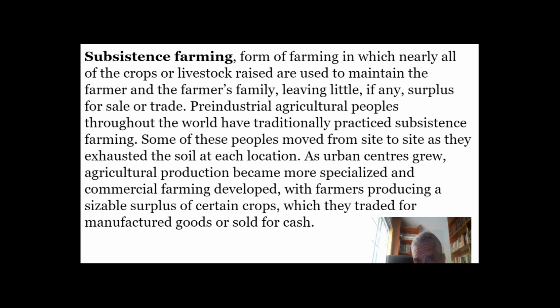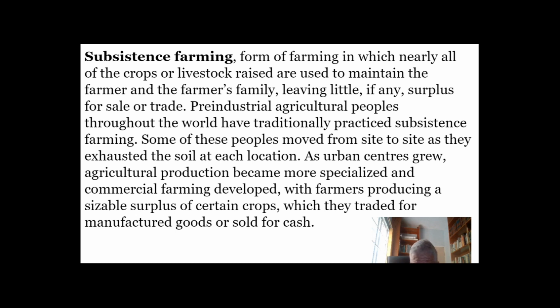Subsistence farming is a form of farming in which nearly all the crops or livestock raised are used to maintain the farmer and the farmer's family, leaving little, if any, surplus for sale or trade. Pre-industrial agricultural peoples throughout the world have traditionally practiced subsistence farming, and some of these people move from site to site as they exhaust the soil at each location.